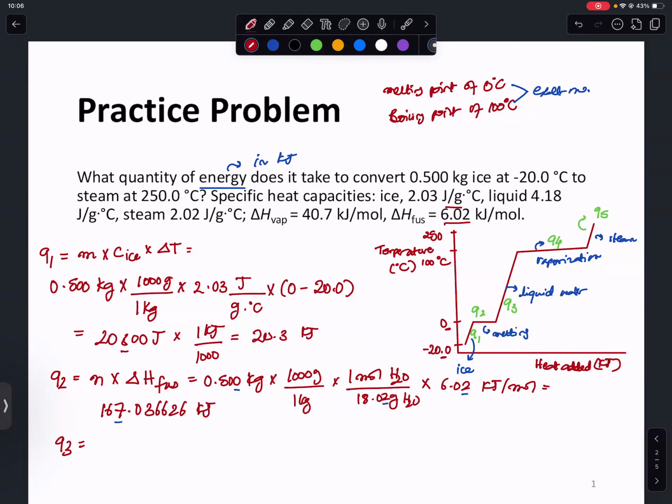Q3 is, we're increasing the temperature. So Q is m, mass, times the specific heat.